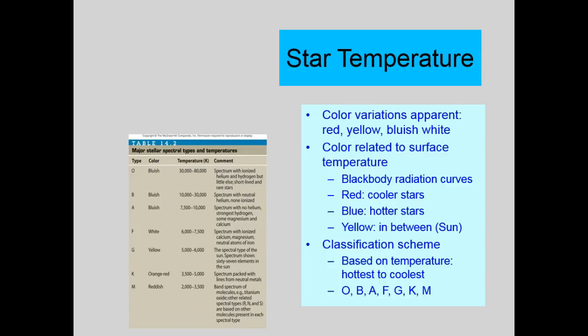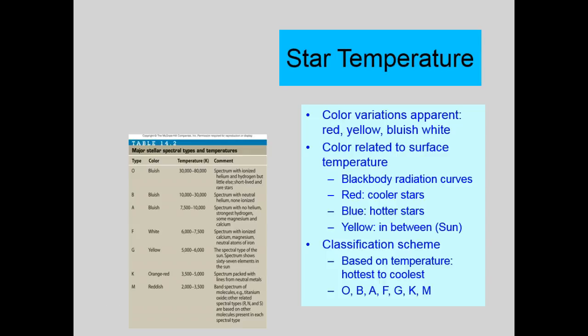So, spectrum packed with lines of neutral metals, and then the M stars. These are the reddish stars. That doesn't seem cool to me, but 2,000 to 3,500 K. Band spectra of molecules, titanium oxide, other spectral types based on molecules. So not just atoms or ions, they actually have molecules now.